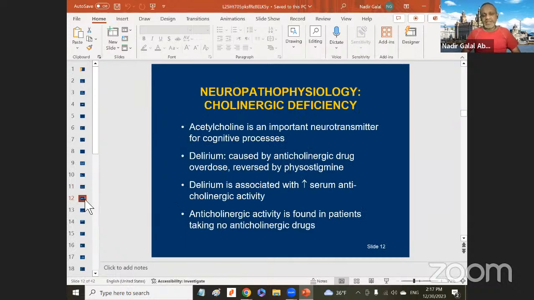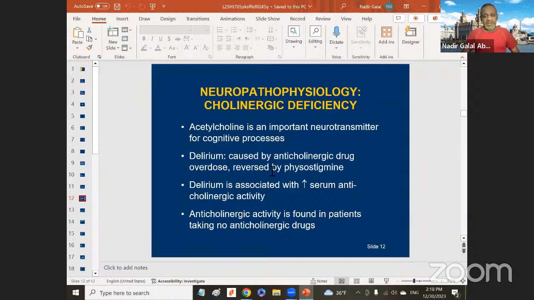So what's happening actually, we don't know exactly what is going on, but there are some theories, some mechanisms that can explain the condition. Acetylcholine is an important neurotransmitter for the cognitive process. If there is an imbalance of this acetylcholine, that can contribute to the change in the consciousness of the patient.